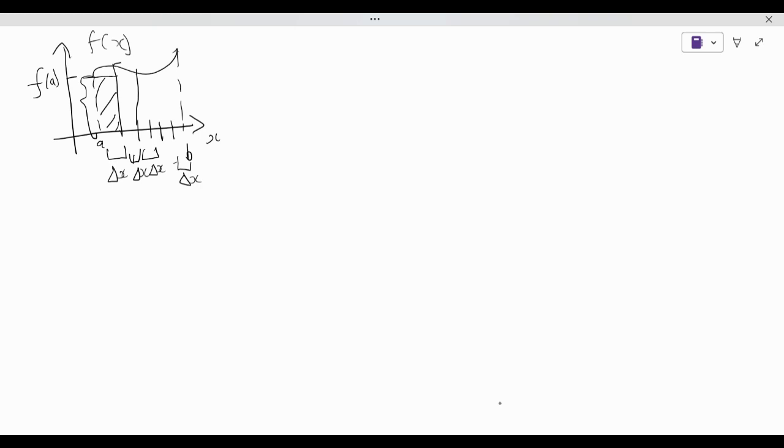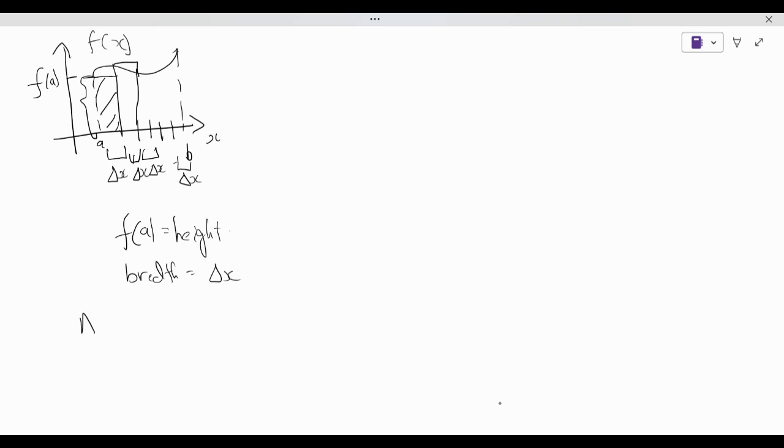Now, let's take the area of the first strip. Its height is equal to f of A. This is the height. Breadth is equal to delta x.